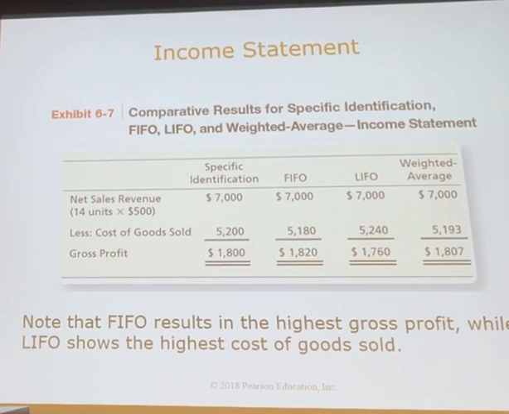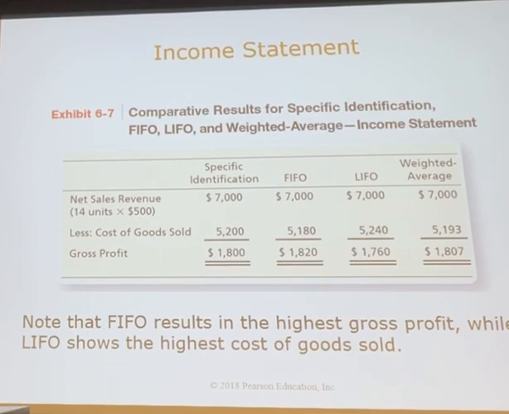That's because if you use LIFO, you'll report less net income or less taxable income on your income tax return, and therefore you pay less income tax, therefore your after-tax cash flow will be higher.